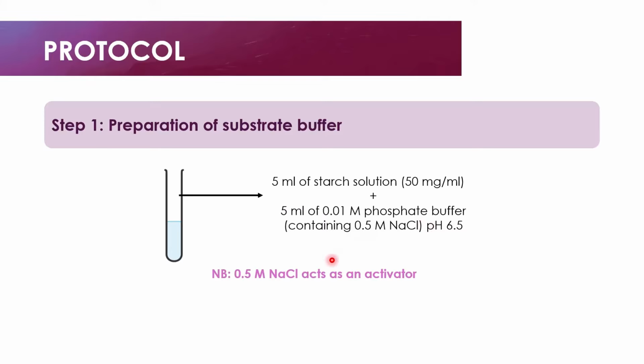What we also have to note is that the 0.5 molar sodium chloride in the buffer is going to act as an activator for our enzyme that will be introduced into the substrate buffer.